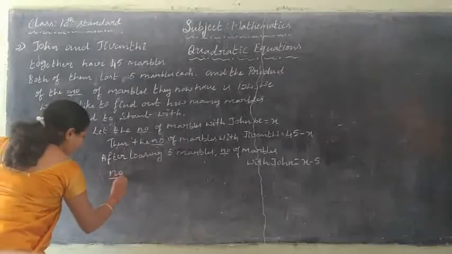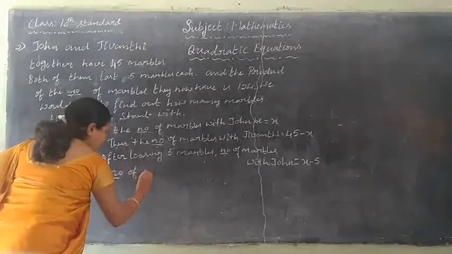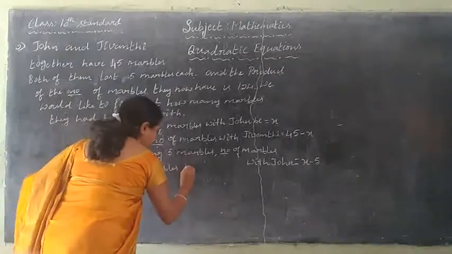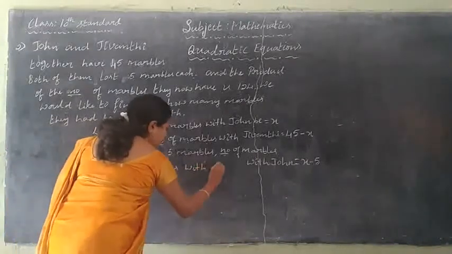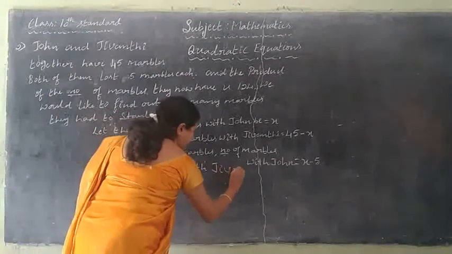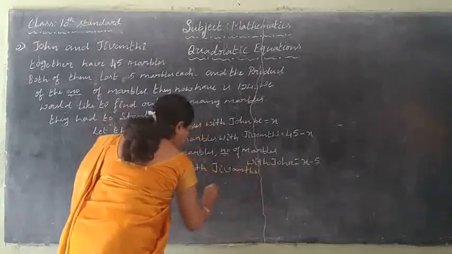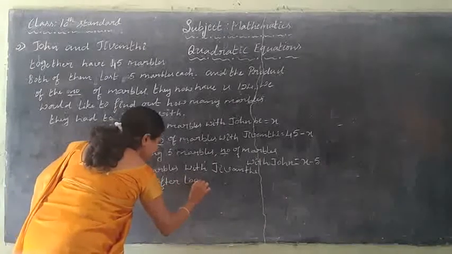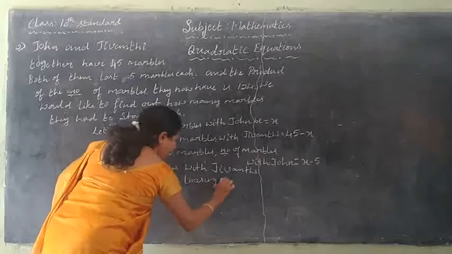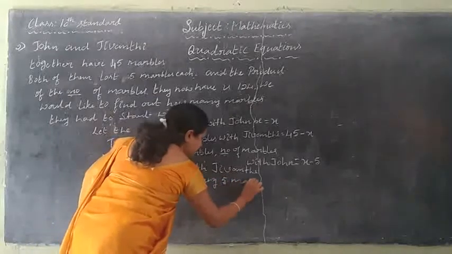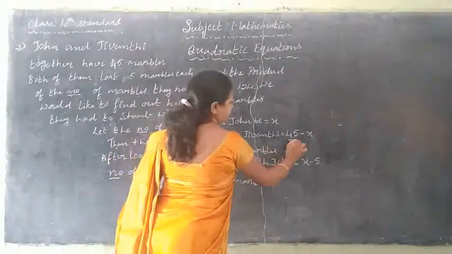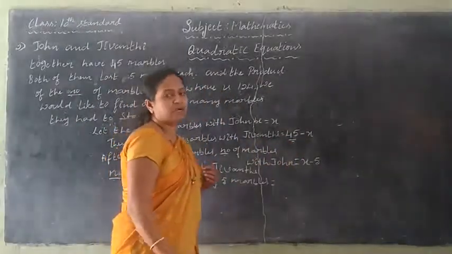Then the number of marbles with Jivanti after losing 5 marbles. At present, 45 minus x marbles are there with Jivanti.